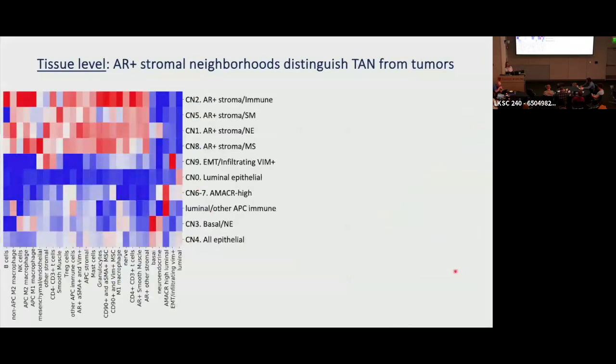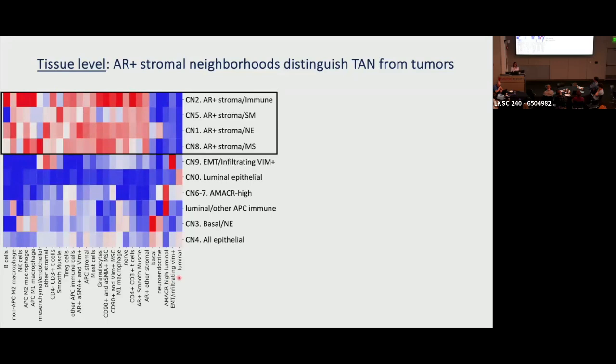Finally, at the tissue level, with neighborhood analysis that I learned about from the papers from Nolan Lab, we identified co-localized groups of cells that are commonly co-occurring in our data set. We identified 10 recurrent neighborhoods in tumor stroma based on 27 cell types. Top 4 neighborhoods are defined by an increased occurrence of AR-positive stromal cells.